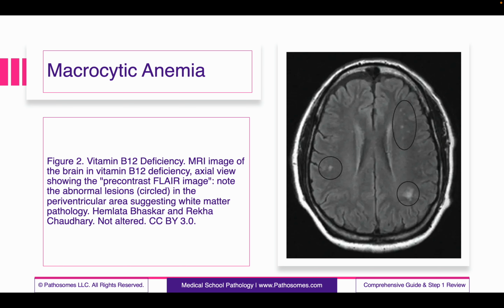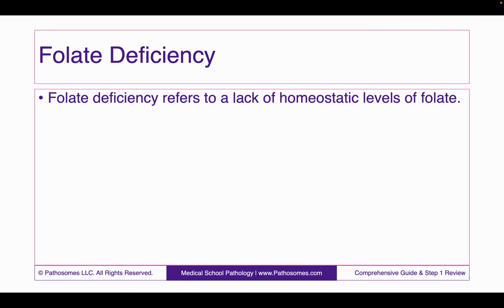Here we have an MRI image of the brain of a patient that has vitamin B12 deficiency. Note those abnormal lesions that are circled in the periventricular areas, suggesting white matter pathology. Note that folate deficiency refers to a lack of homeostatic levels of folate.